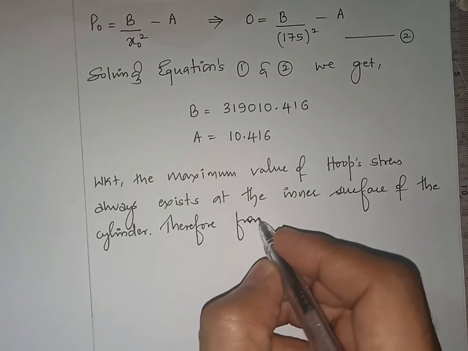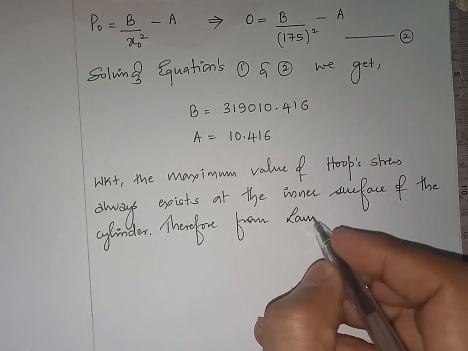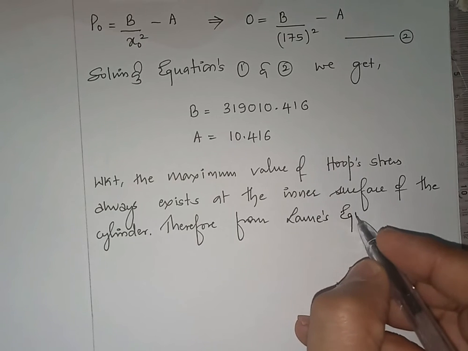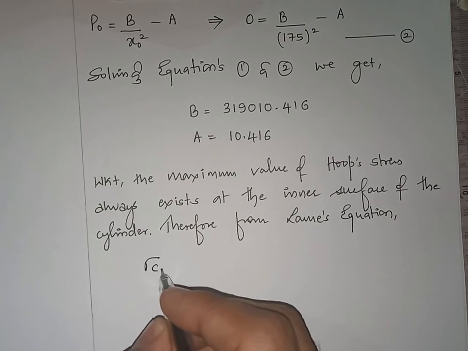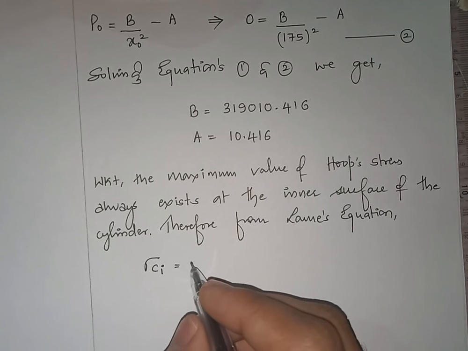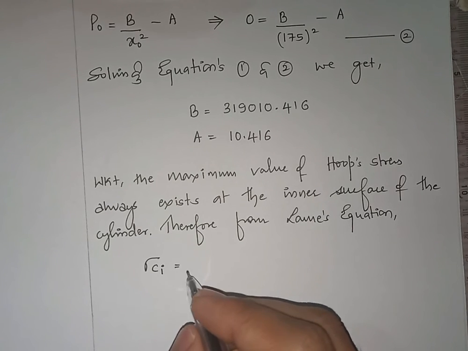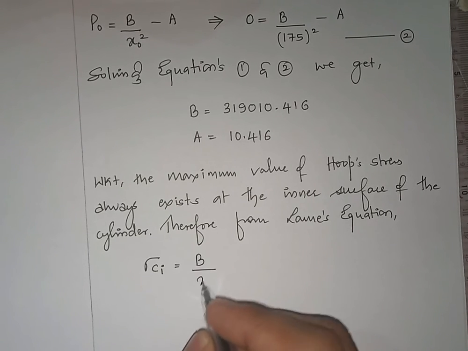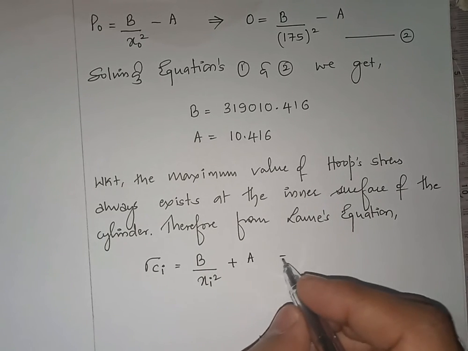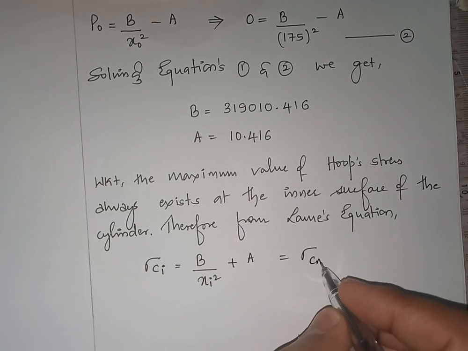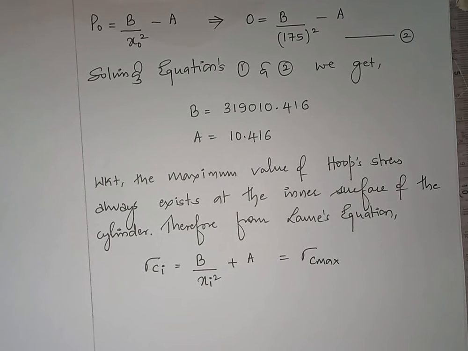Therefore, from Lamè's equation, sigma Ci is equal to B divided by xi square plus A. This should be equal to sigma C max, because the circumferential stress at the inner fiber will always be the maximum circumferential stress.